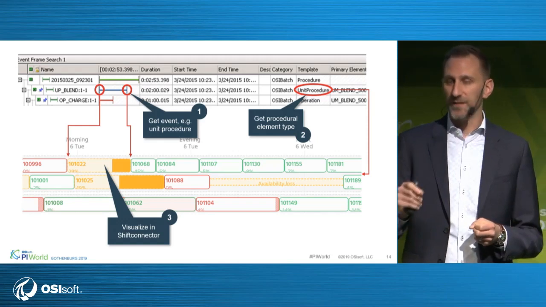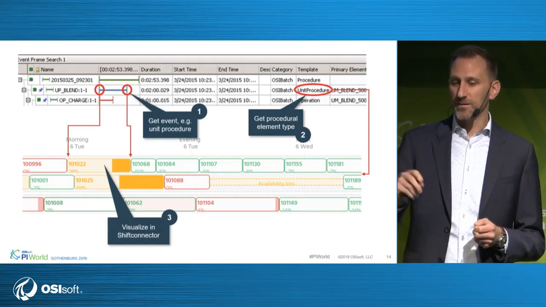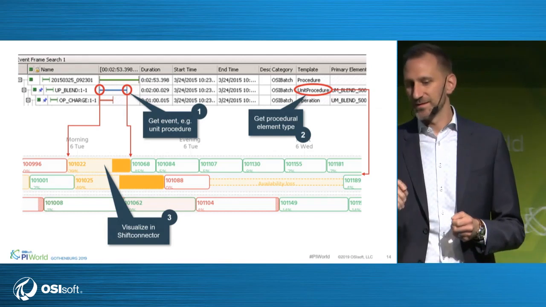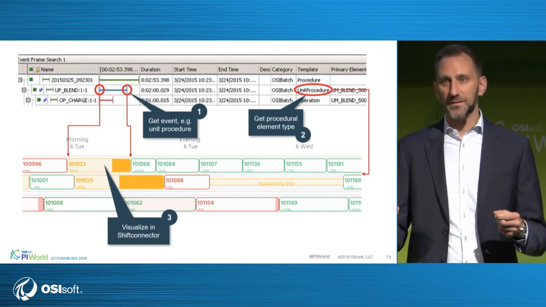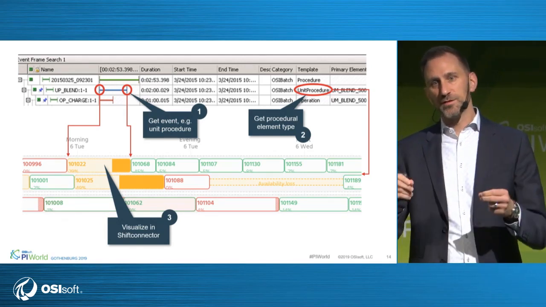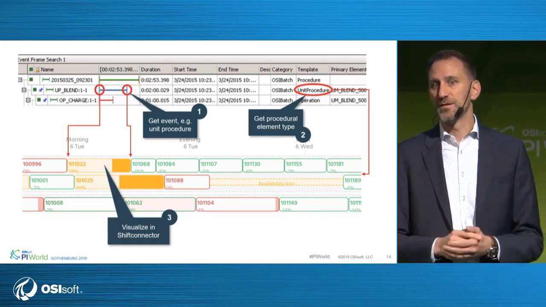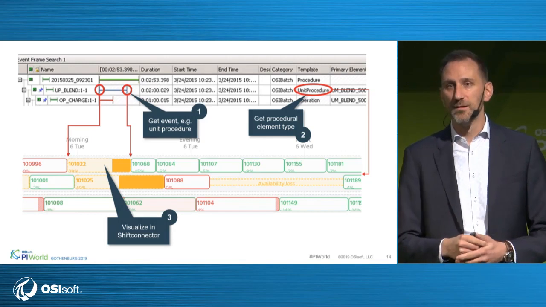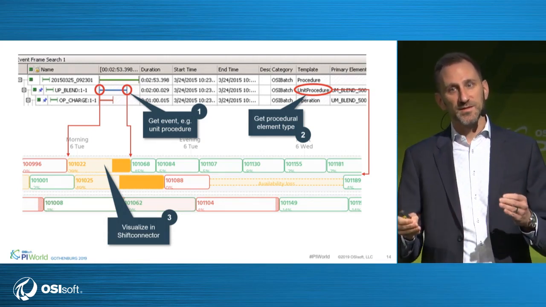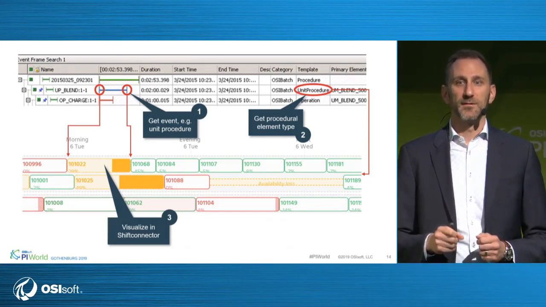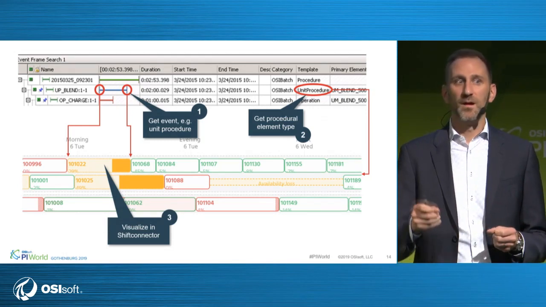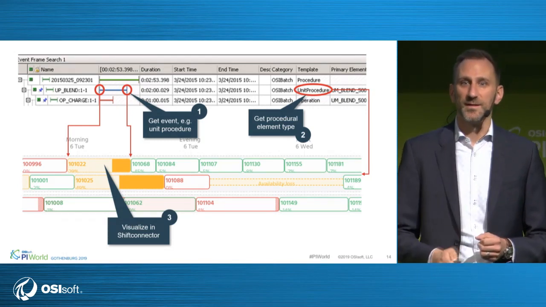So we look at an event frame, we look at start and end time, we look at the procedural element type. So in that case, it's a unit procedure. And we really take that into the shift log. We compare it with reference values, for example, the best 5-day average for a certain product in a certain reactor. And whenever there is a loss, we trigger that to the operator so that the operator really can account for it, put in reason codes, add context to it.